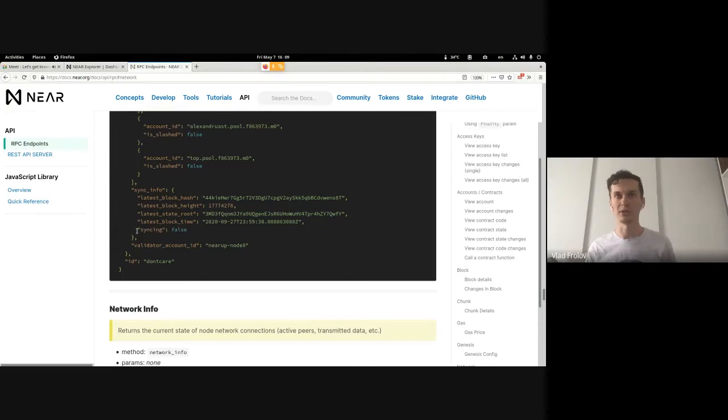If it's in syncing mode, it means that you'd better not use this node to fetch latest data because it doesn't have the latest data yet. It is still catching up with the network.